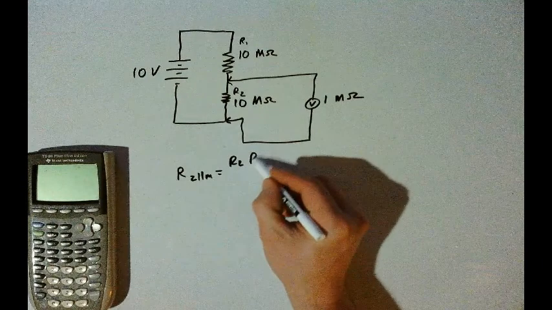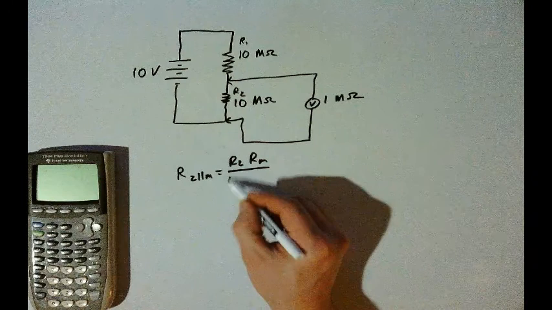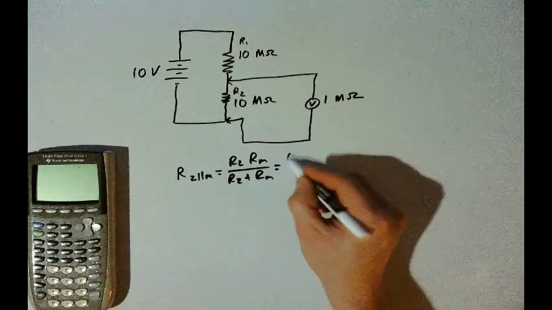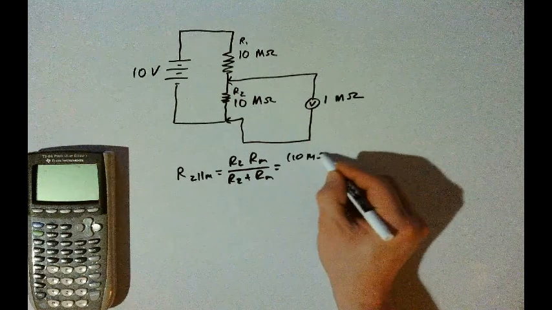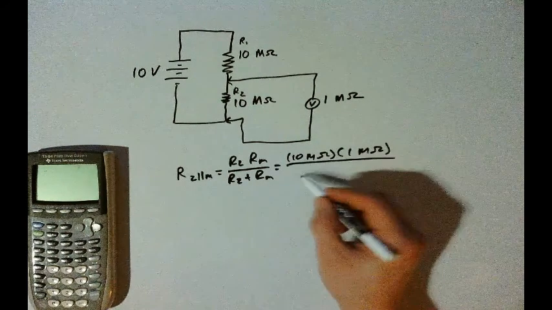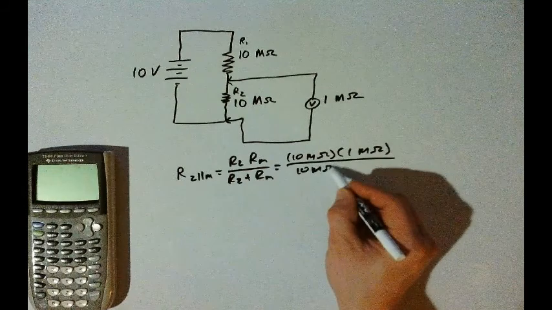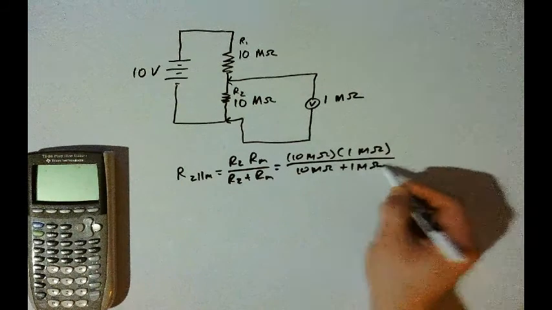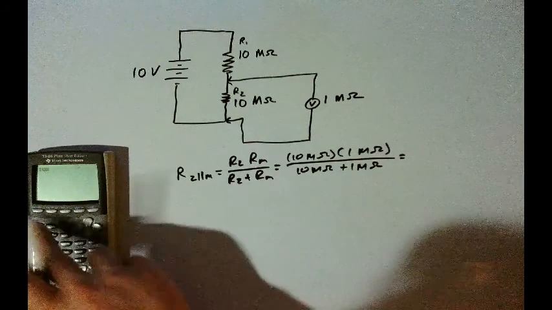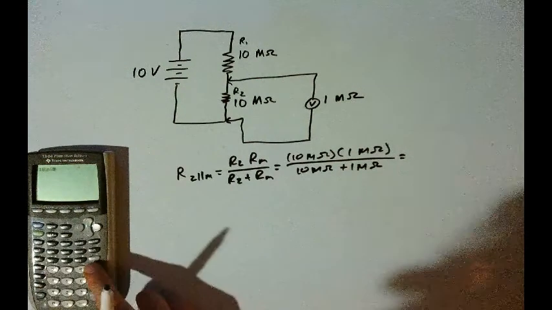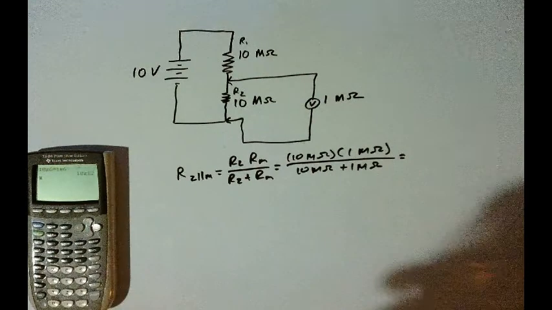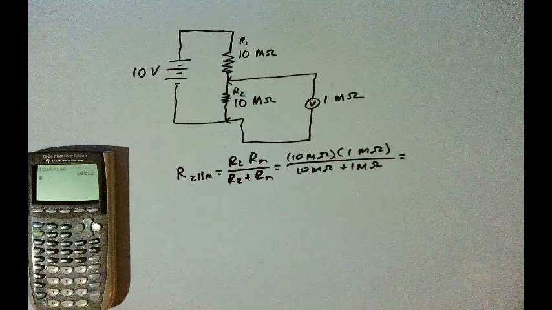So we will have 10 mega ohms times 1 mega ohm, divided by 10 mega ohms plus 1 mega ohm. I'll use my calculator here. 10 mega times 1 mega is going to be 10 times 10 to the 12th, which is tera. That'll be 10 tera ohms squared, because it's ohms times ohms, divided by 10 plus 1, which is 11 mega ohms.